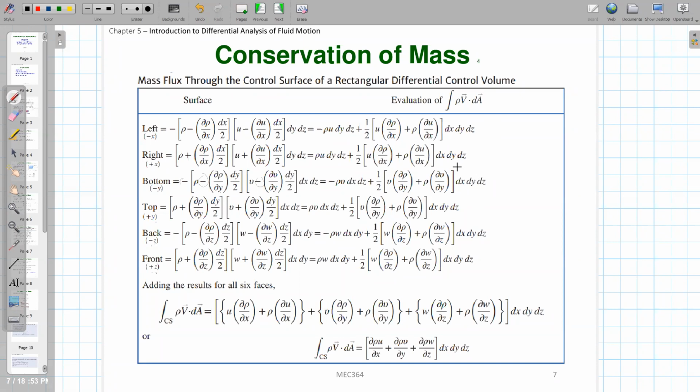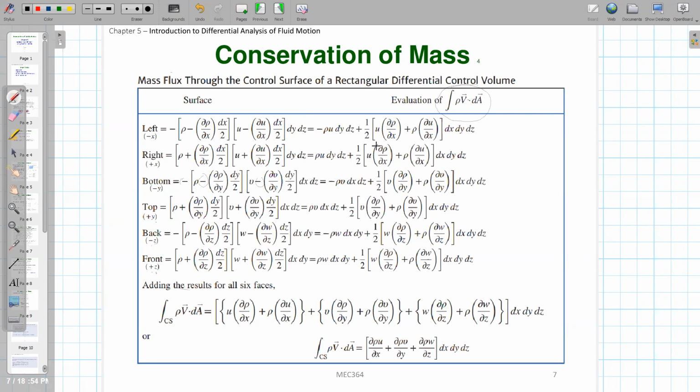And then when we calculate this integration, this is an integration over the whole control surface for this mass flux. In other words, you need to add all these 6 together. If you want to evaluate this value, you just need to add all the surface fluxes for all these 6 surfaces.